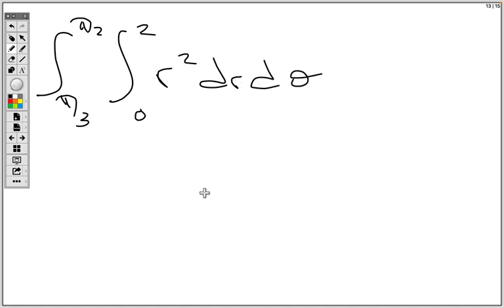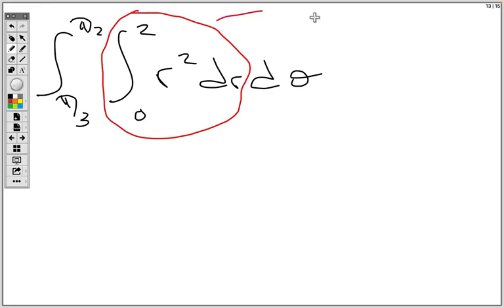And we're in a situation we were in last week where this integral here has nothing to do with theta. There's no thetas in the integrand, there's no thetas in the limits of the integral, which means I can actually factor this whole integral out. And I can write this as the product of two integrals.